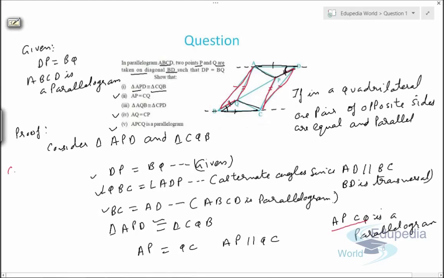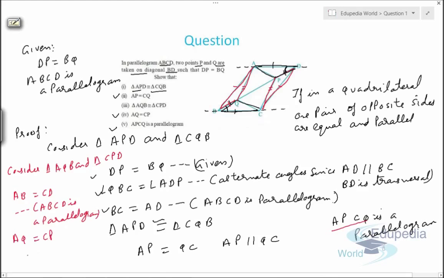So let's see how we can write it. We need to consider triangle AQB and triangle CPD. In these triangles we can say that AB equals CD because ABCD is a parallelogram. And we can say that AQ equals CP, again because APCQ is a parallelogram.